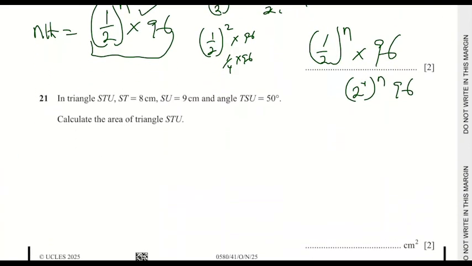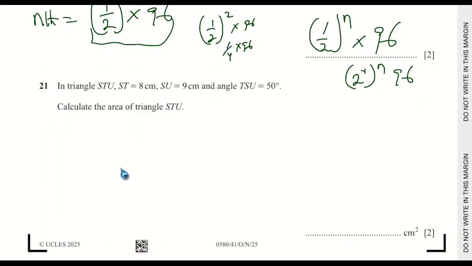Question 21. In triangle STU, ST equals 8 centimeters, SU equals 9 centimeters, and angle TSU equals 50 degrees. Calculate the area of triangle STU. You can just have a rough sketch like this, not drawn to scale, just to have a rough sketch.